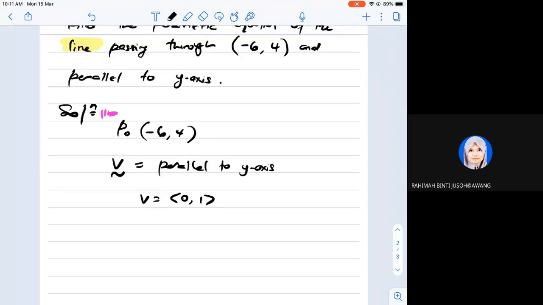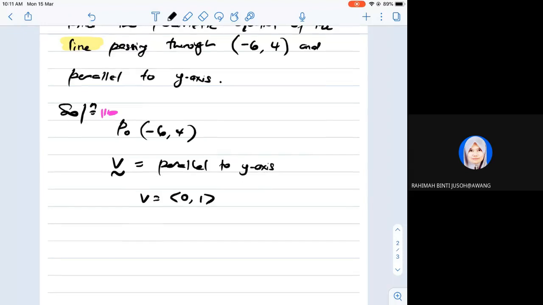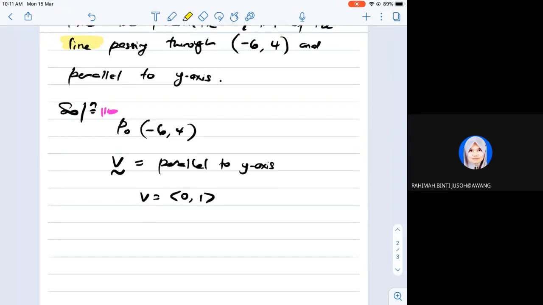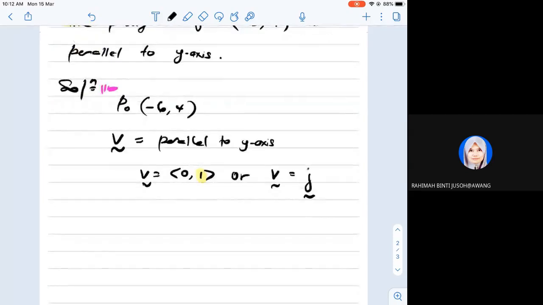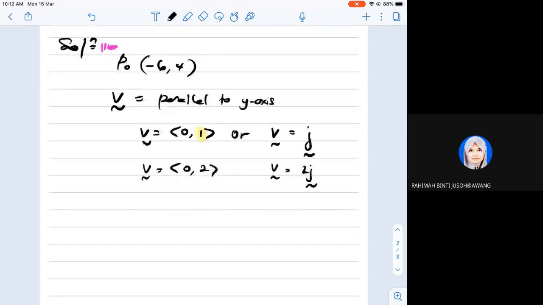Because we only have values on the y coordinate. Or we can write this as V equals j. Or we also can have (0, 2), for example, so V equals 2j, as long as it is parallel to the y-axis.